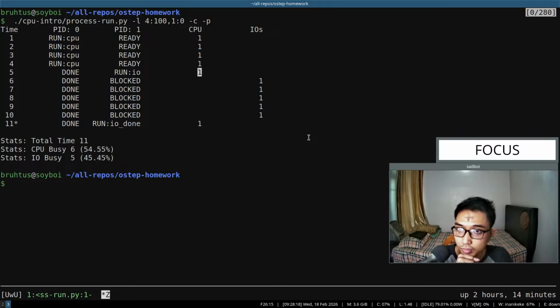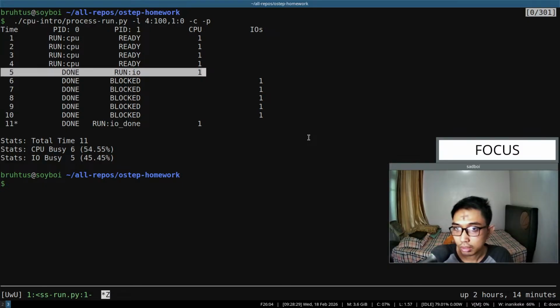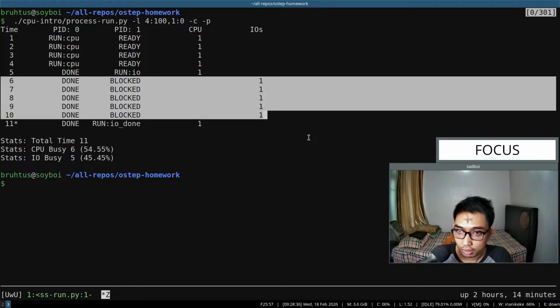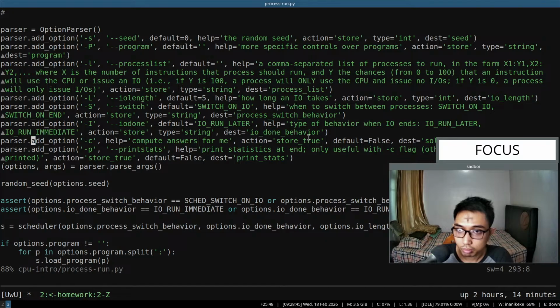Interesting. Is this always consistent? Okay. So when the input-output run, it has 1, 2, 3, 4, 5. 5, what is it called? Instruction maybe? Oh, maybe from this one, right?